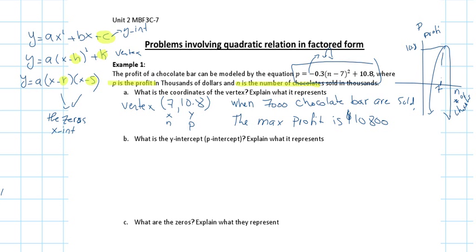Now, the second question is, what is the y-intercept? And explain what it represents. What form does it have to be in order for me to be able to find the y-intercept?